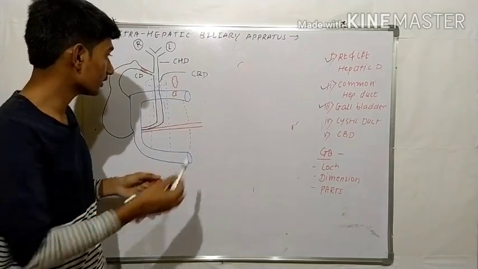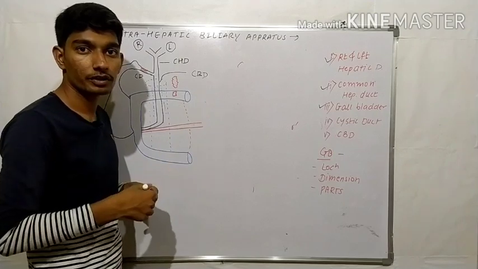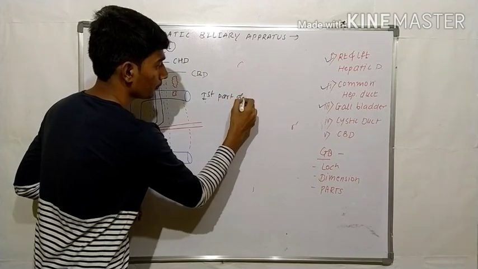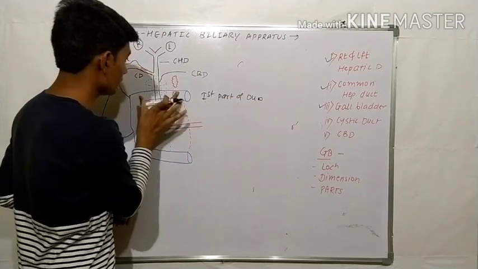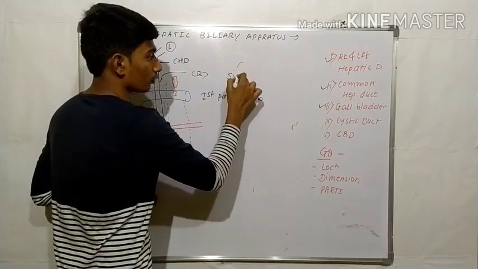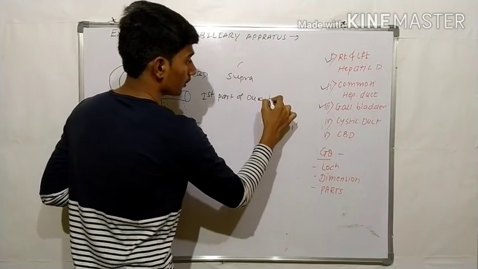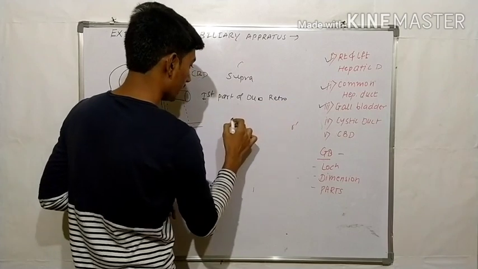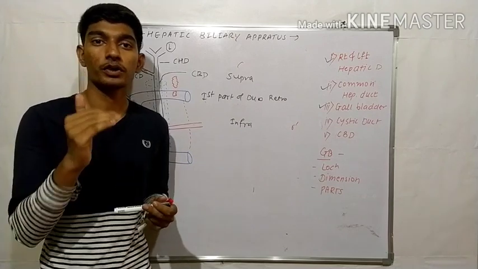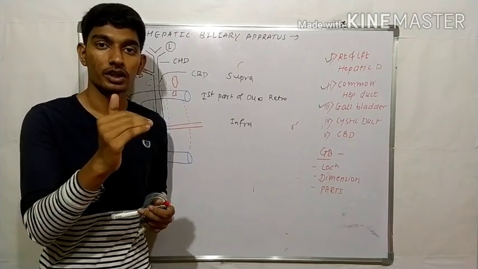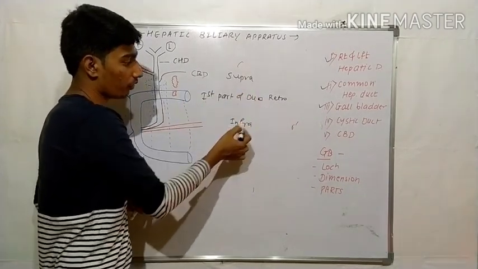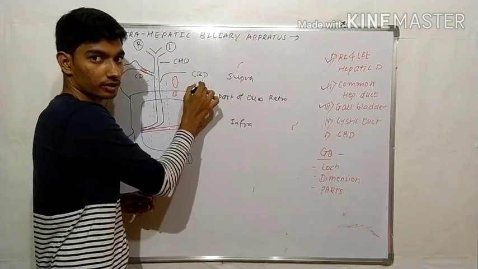This common bile duct divides the first part of duodenum into three parts, that is supraduodenal, retroduodenal, and infraduodenal. These are the parts that are formed by the common bile duct.